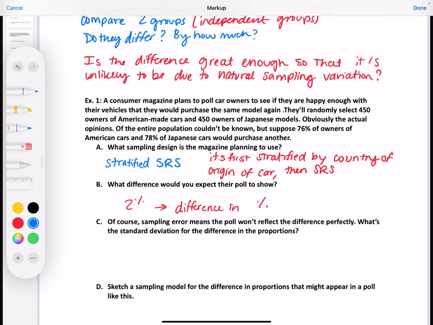So, of course, sampling error means the poll won't reflect the difference perfectly. What's the standard deviation for the difference of the proportion? So this is where we use the formula we got yesterday. That's the square root of p1 hat q1 hat over n1 plus p2 hat q2 hat over n2.